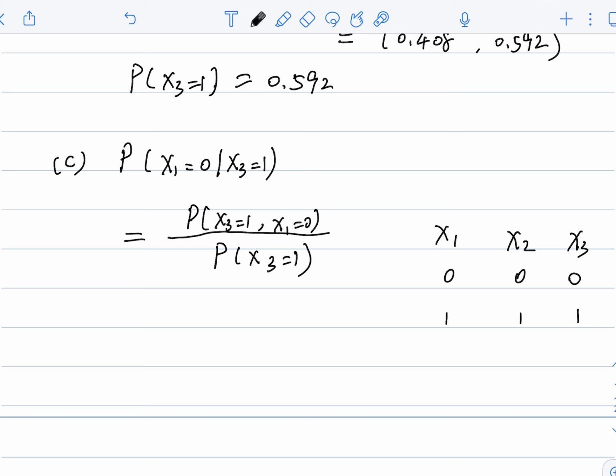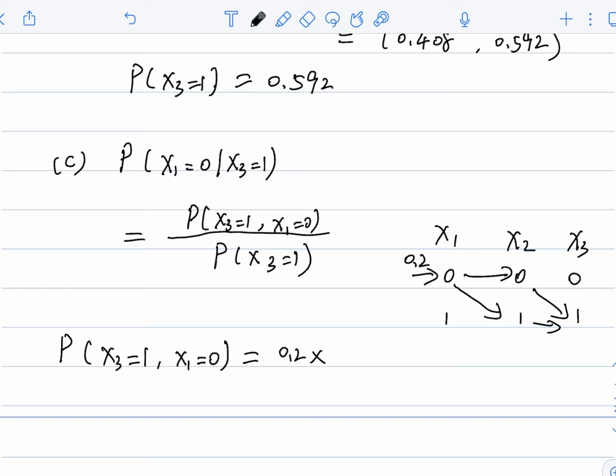We know that there are 2 paths when x3 equals 1 and x1 equals 0. The first one, and the second one.